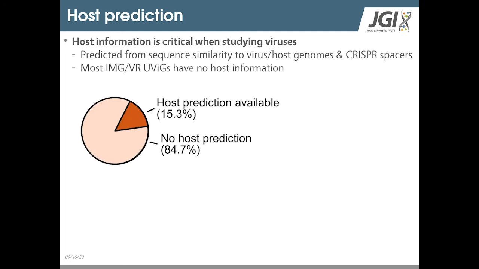Again, I won't go into the technical details. I'm happy to discuss it offline or with questions, but basically we look at similarity between virus sequences and host genomes and CRISPR spacers. The bottom line here is it doesn't work very well.